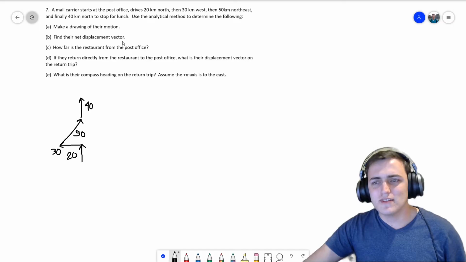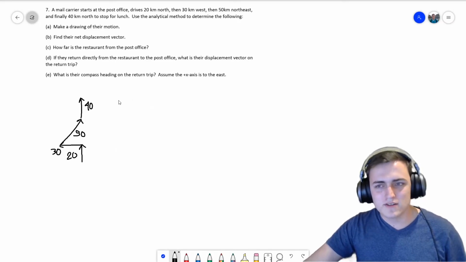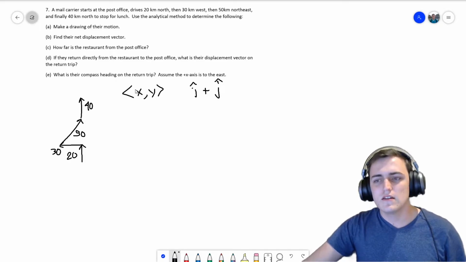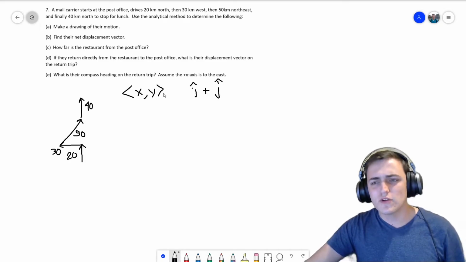Now it says find their net displacement vector. Well, their displacement vector can be represented as each individual vector, right? There's 4 vectors total. We can write them in their component form, x, y. And if you wanted to, you could use IJK notation. I prefer just x and y in the vector form.